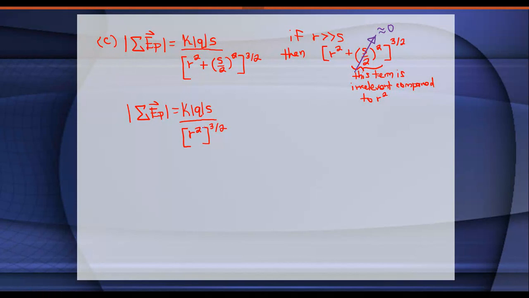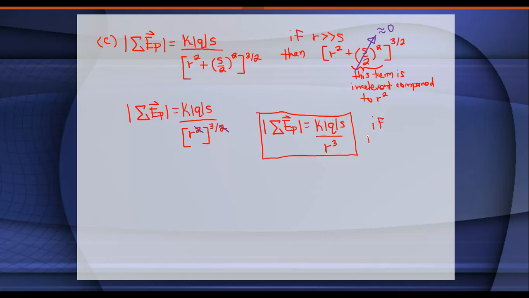This square and that square cancel off, so the net electric field at point P would then be equal to KQS over R cubed. And this equation is valid if R is much, much bigger than S.